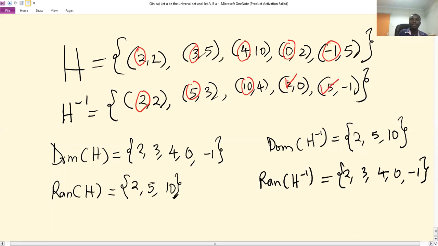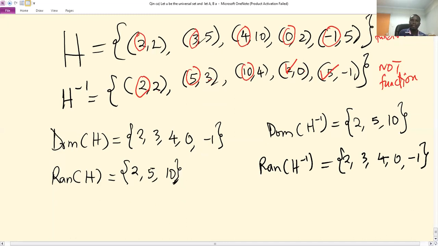So 2 is repeating, and the second element for 2 is 2, while this one is 0. So they're different. This 5 is repeating. The first one was 3. The next one is -1. So this is not a function, because of that repetition of first elements and second elements have different values in those repetitions.